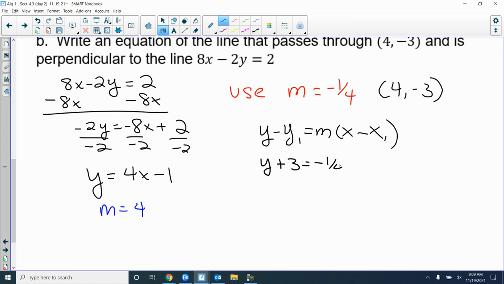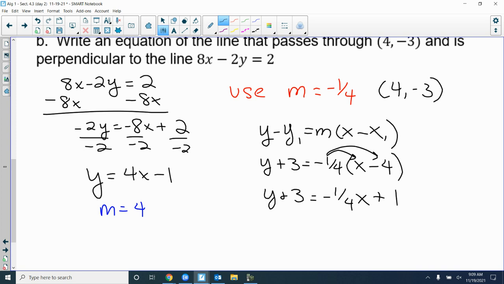M is -1/4 times x minus 4. Y plus 3 equals -1/4 x. What's -1/4 times -4? Anybody got that? +1. Good.